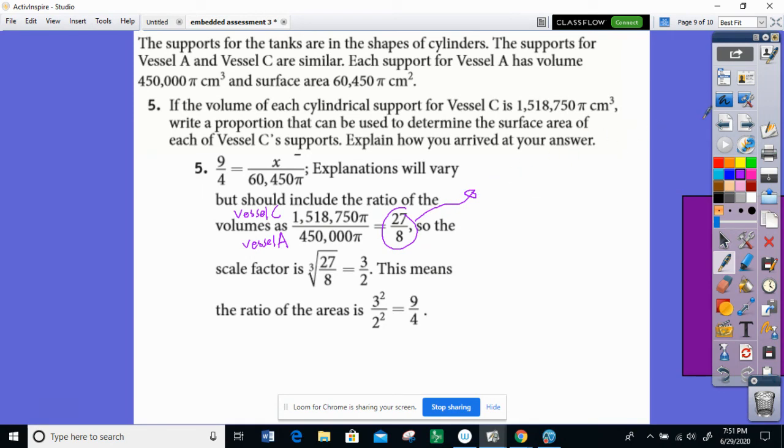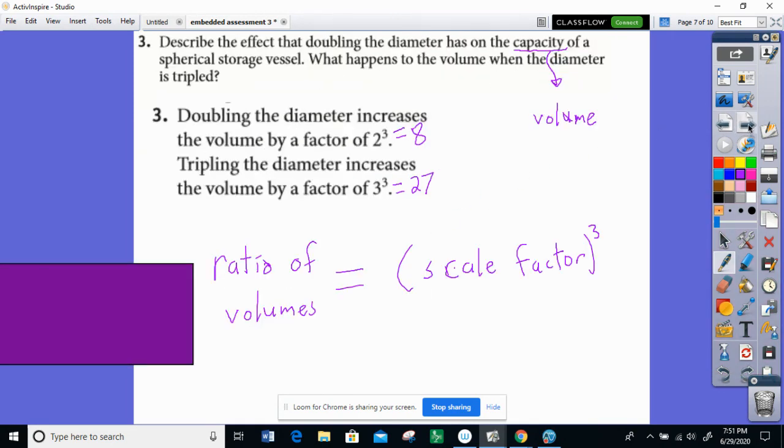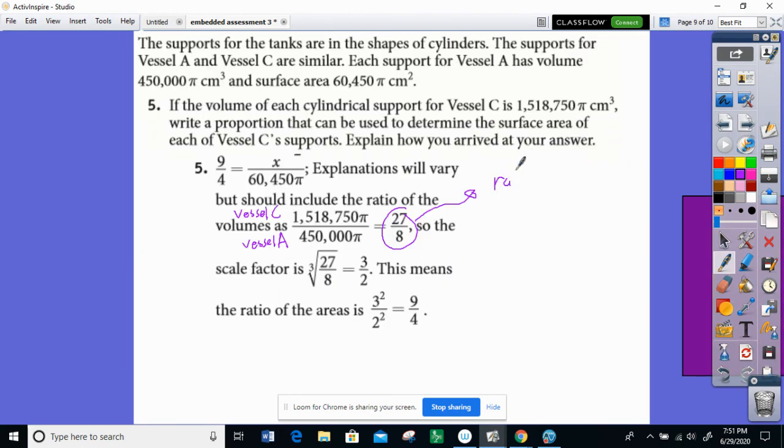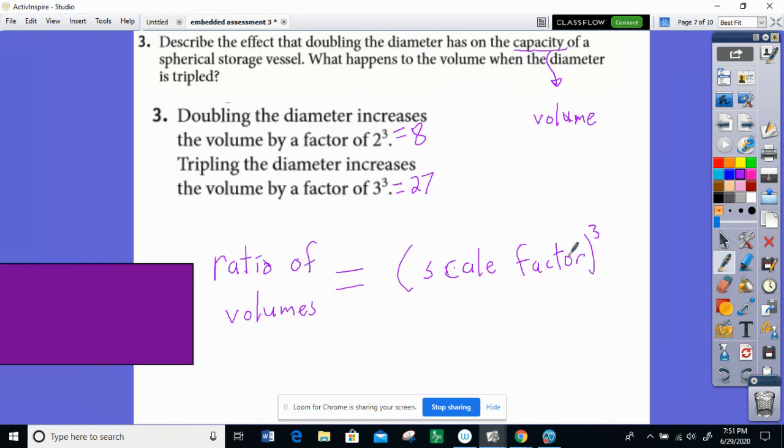Yep, so the ratio of the volumes. Well, we had solved a problem before where we knew the scale factor and we applied that exponent of 3 to the scale factor to get the ratio of the volumes. Let's say that you wanted to figure out the scale factor if you knew the ratio of the volumes, though. Well, to undo this exponent of 3, to move it to the other side of the equation, you would have to undo that exponent of 3. How do you do that? Well, what's the opposite of cubing something? It's taking the cube root.